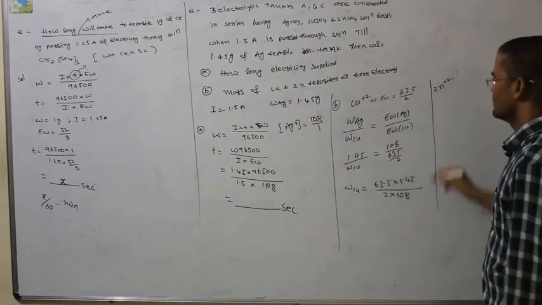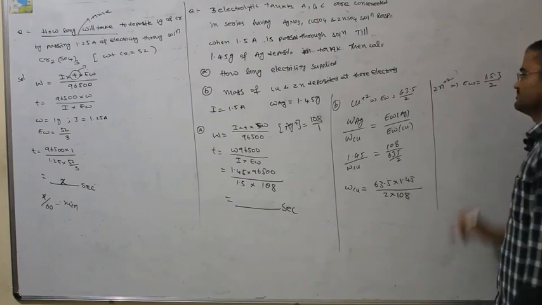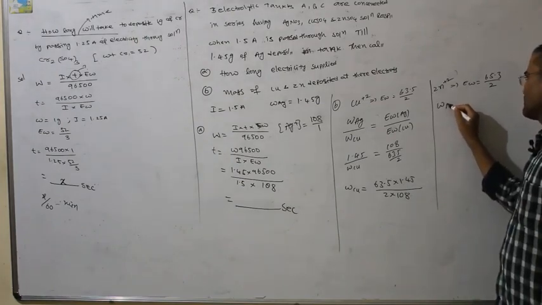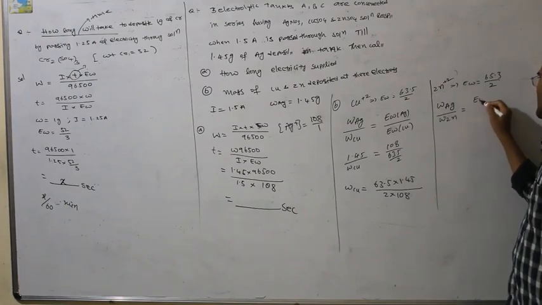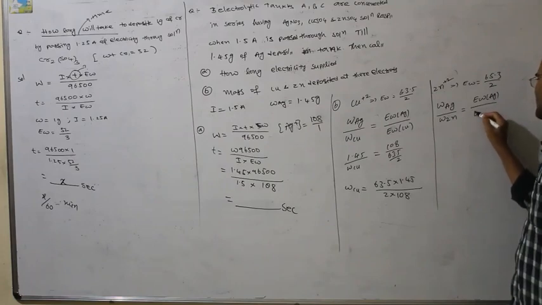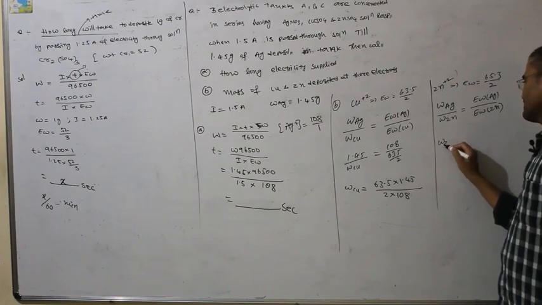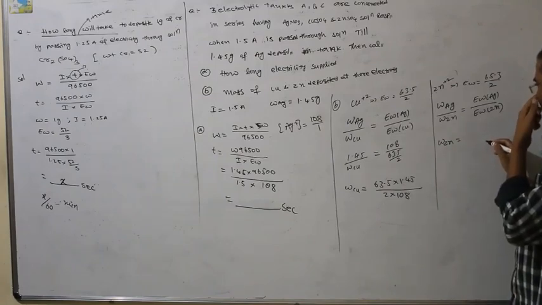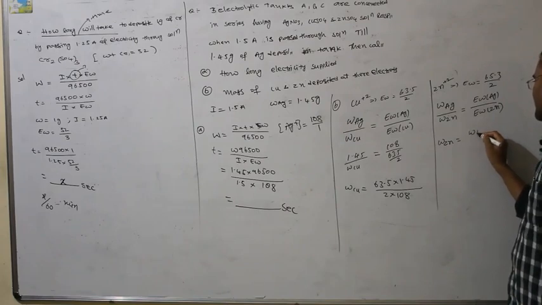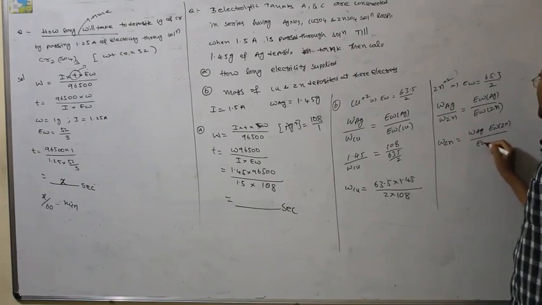In the same way, zinc is also needed. Zn plus 2; the equivalent weight of Zn plus 2 becomes 65.3 by 2. You can compare with silver, or you can compare with copper also. Mass of the silver deposited by mass of the zinc deposited is equal to equivalent weight of silver by equivalent weight of zinc. So from here, mass of the zinc deposited is equal to the mass of the silver into equivalent weight of zinc by equivalent weight of silver.